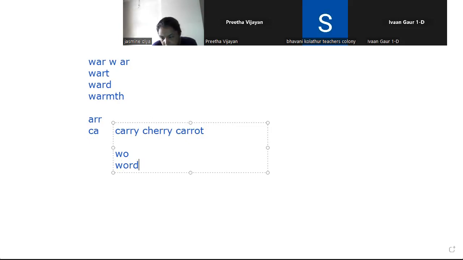How will you say this word? Yes, so when you have the digraph OR after W, it will be the R controlled sound, like in the words worth, work, worthy, right?